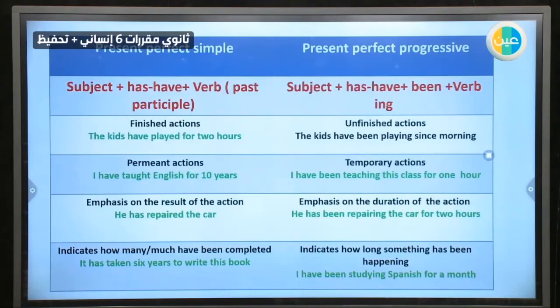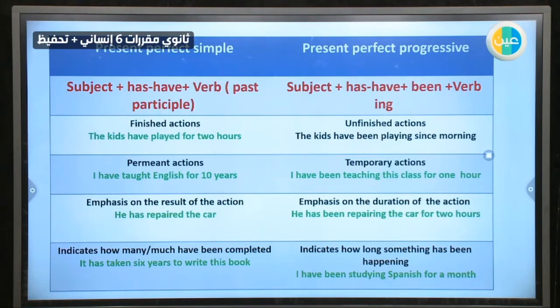First of all, let's differentiate between the present perfect simple and present perfect progressive. First, I want you to know something. What's the difference between the present perfect or past perfect, any perfect tense, and past simple?